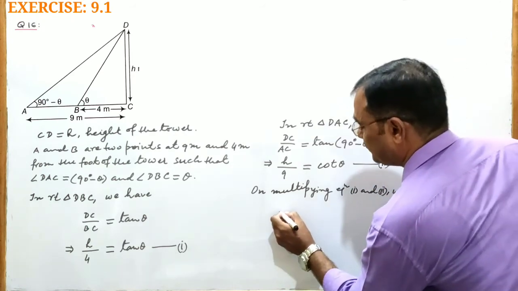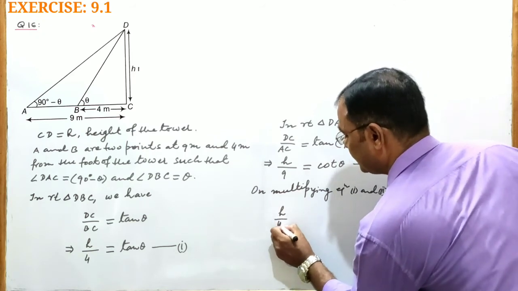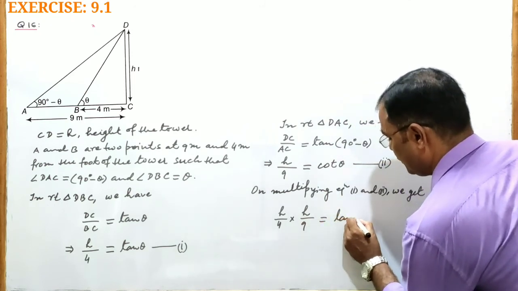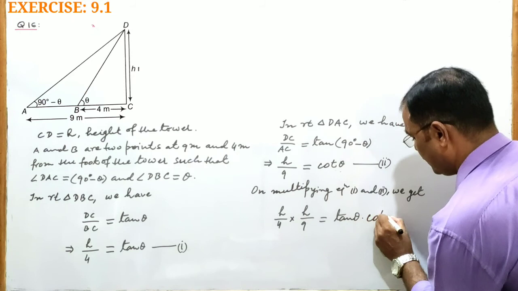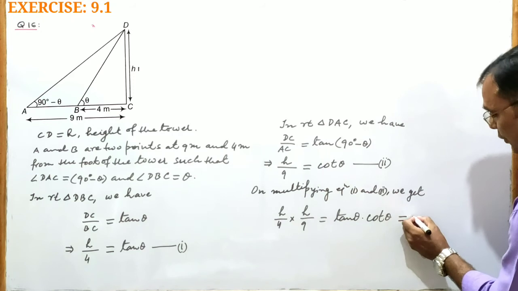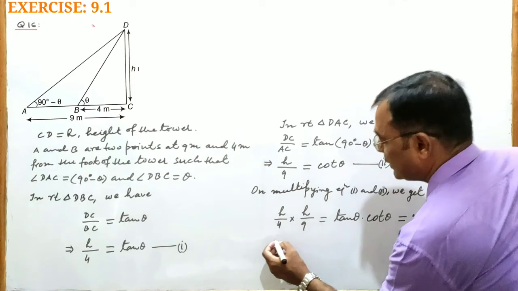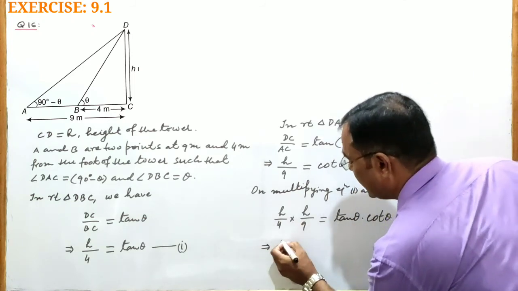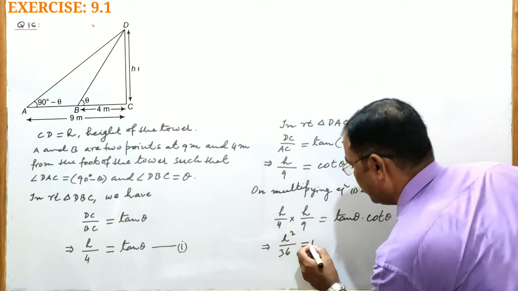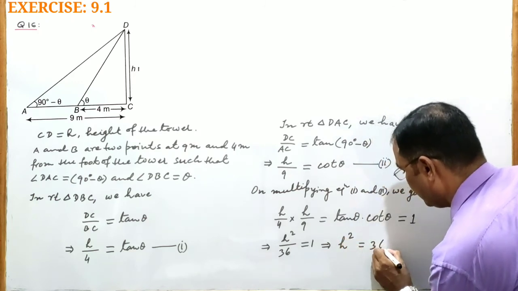we get h by 4 into h by 9 is equal to tan theta into cot theta. This tan theta into cot theta will be equal to 1 because tan and cot are reciprocal of each other. So this implies h square by 36 equal to 1, and this means h square equal to 36.